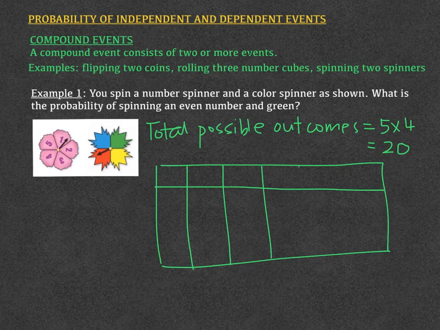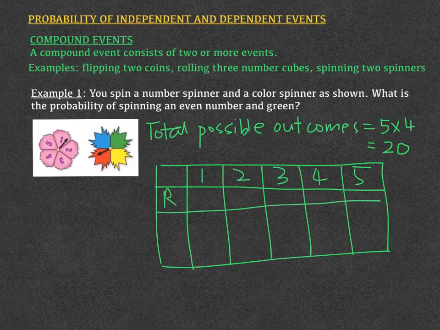So I have numbers 1, 2, 3, 4, 5 for the 5 possible outcomes for the number spinner. And for the rows, I will put the 4 different colors. I'll start with red, and then blue, green, and yellow.